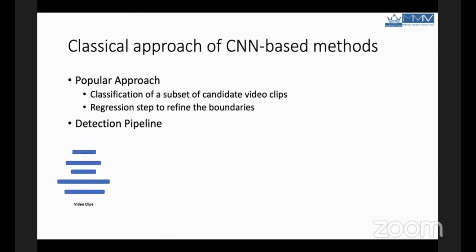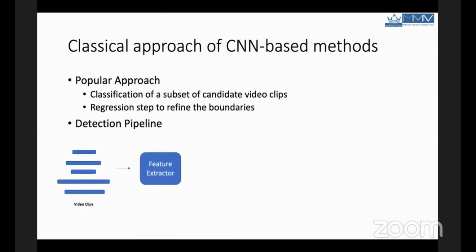For the classical approach of CNN-based methods, people usually make classification of a subset of candidate video clips and then do regression to refine the boundaries. The bottom is the pipeline.